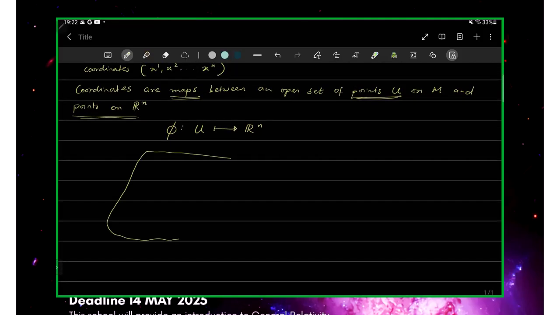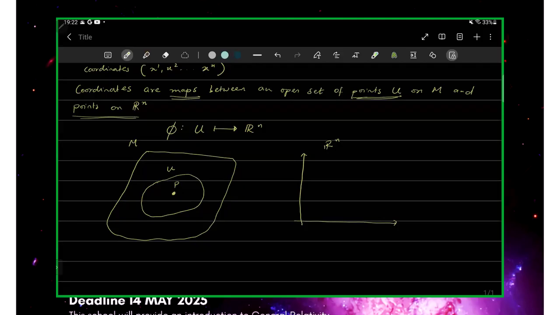So let's say I have a manifold. So denote this as M. Okay. And there's a patch inside M, which we are calling U, right? And let's say there is a point on this patch, which we denote as P. And there is, of course, the space Rn, right? So why this is an open set is because we want to define this boundary of the patch.